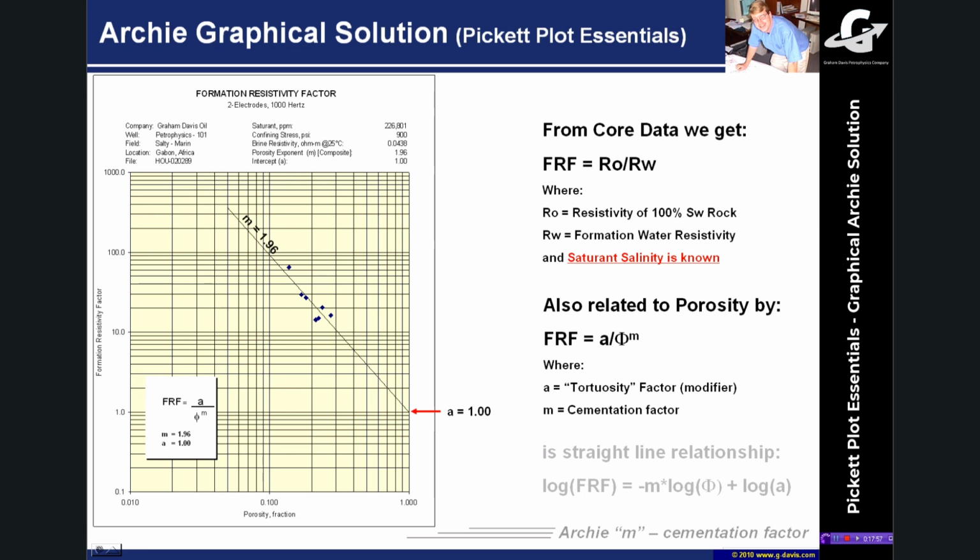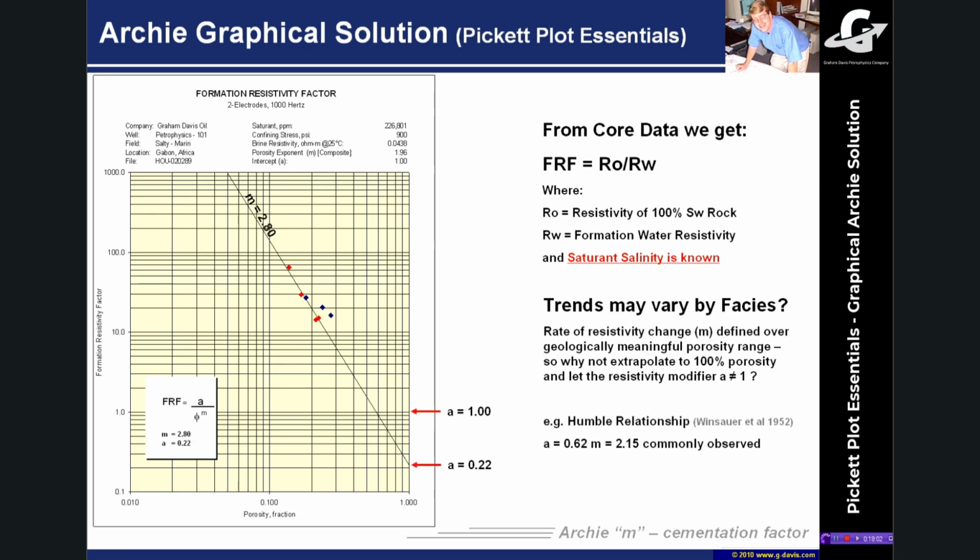However, I guess one of the things that we can also do with core data is that if we know that, say, 3 of those plugs come from a particular facies, particularly they might be geologically related, you might say that that facies actually has a higher m of 2.8.